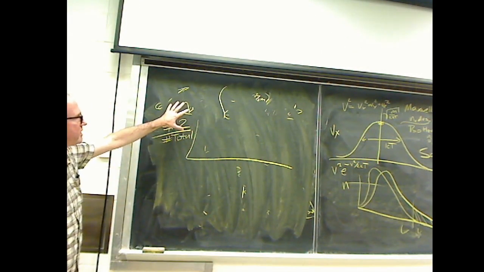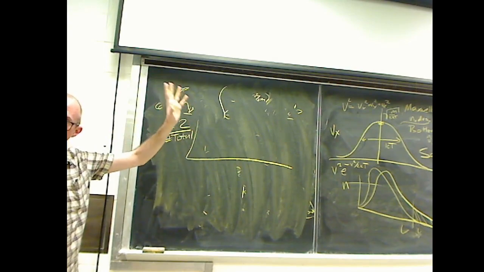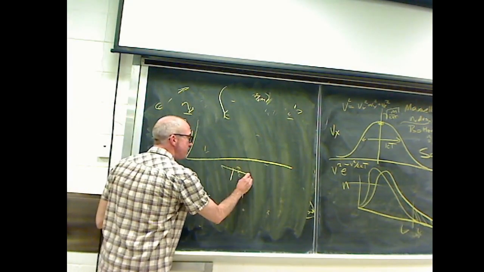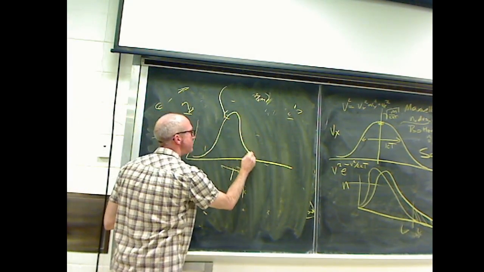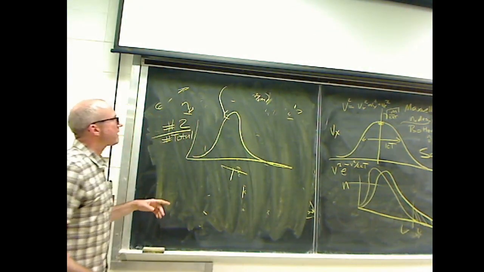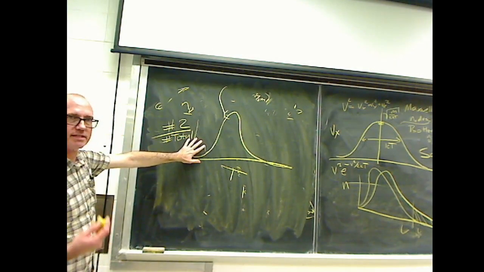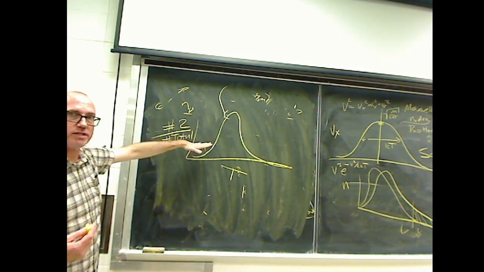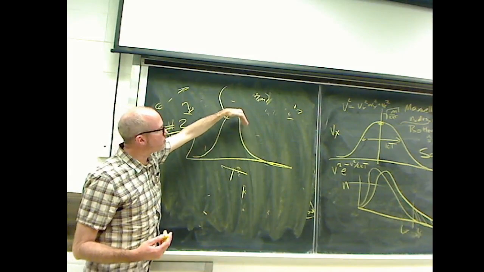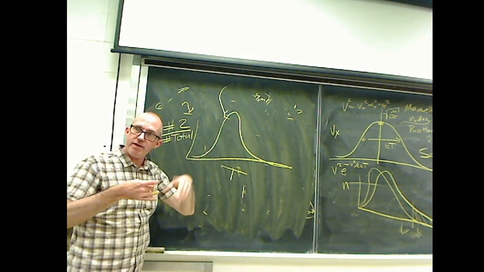I'm going to do a little bit of math that I'll do again on Friday, and I get something, as a function of temperature, that looks like this. I get this peaky function, where down here, I don't have any because nothing's excited. It goes up because I excite them into the upper state, and then it goes back down again because I start to ionize them. They're not there anymore.